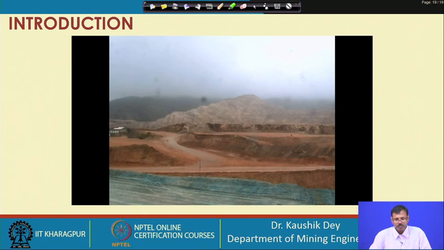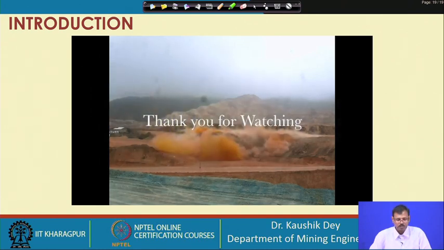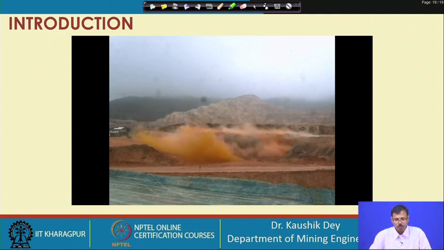So, different nitrogenous gases come out apart from the CO2 and H2O. What will happen if the nitrogen source becomes more than the oxygen source, then the N2O will come out more.